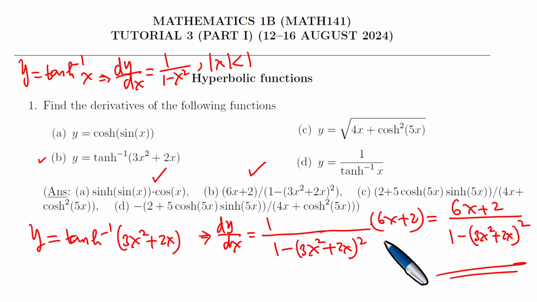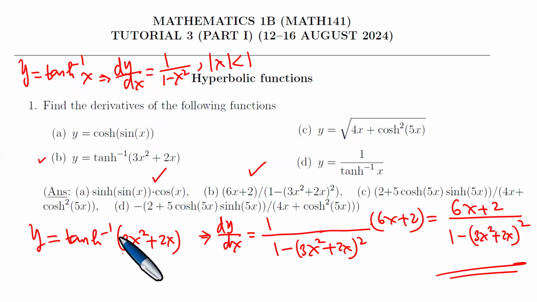Yes. So you said 1 over 1 minus x squared. Yes, because the formula for the derivative of the hyperbolic arctangent is always 1 over 1 minus x squared. That is the formula. So if it is the hyperbolic arctangent of x, then it becomes 1 over 1 minus x squared.